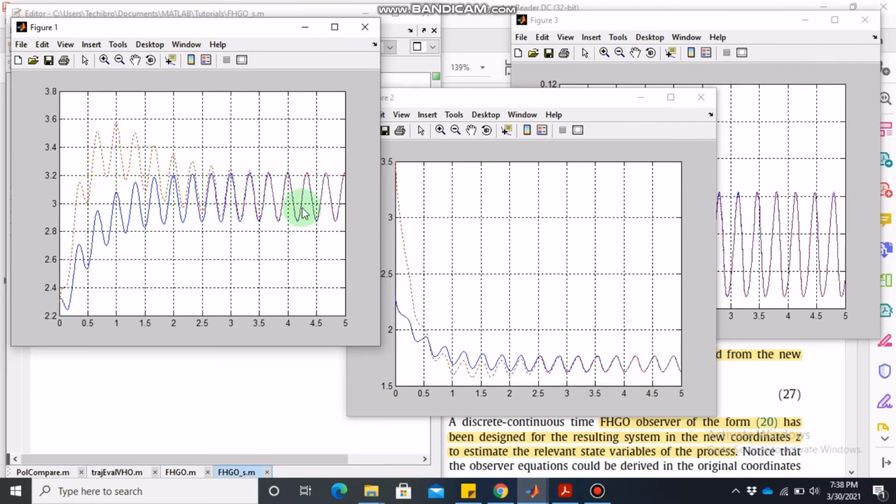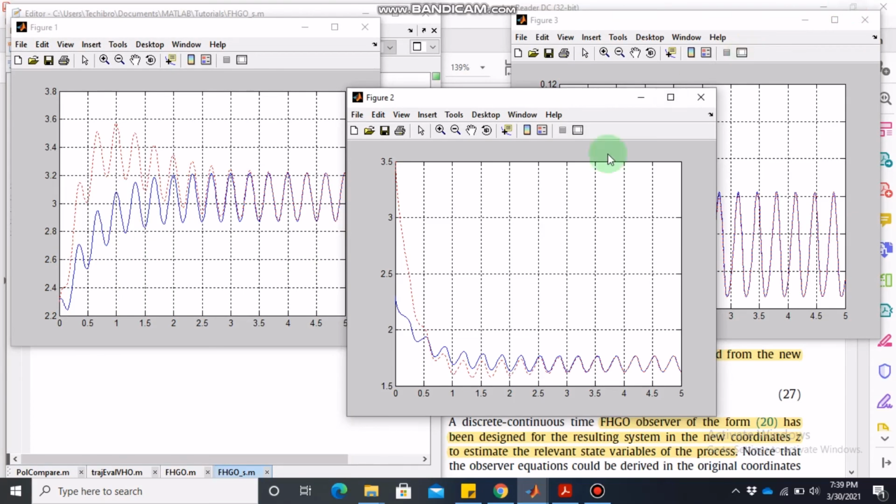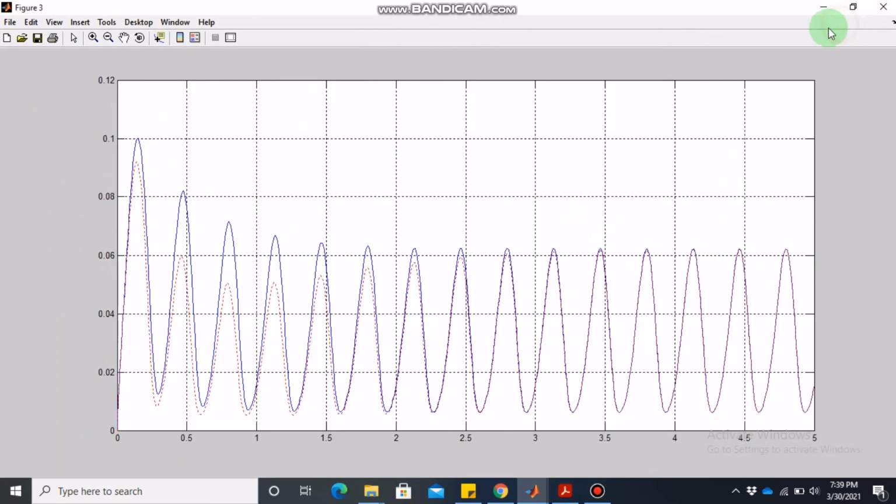The estimate of x1 asymptotically converges to x1 itself, and similarly this is x2 and the estimate of x2, and this is x3 and the estimate of x3. You can see that the estimate is converging to the actual value.